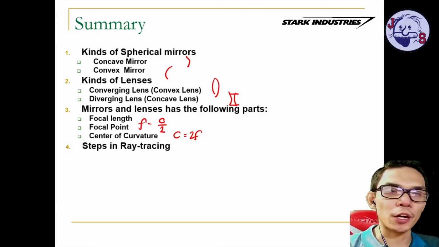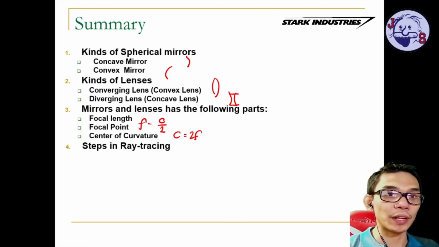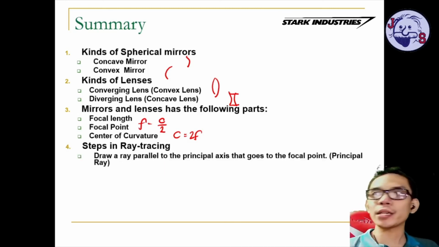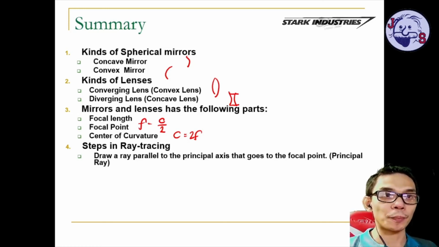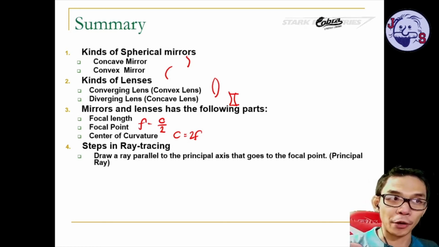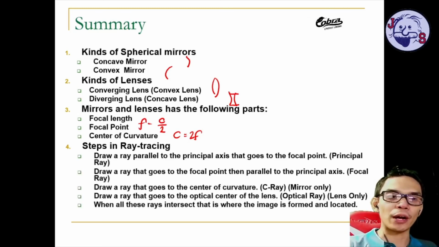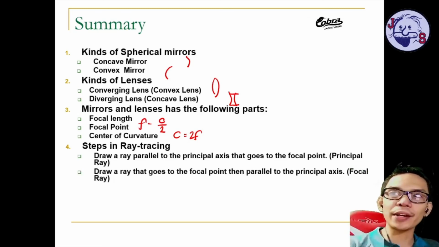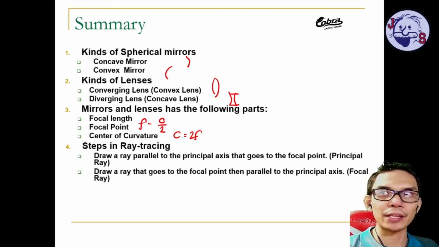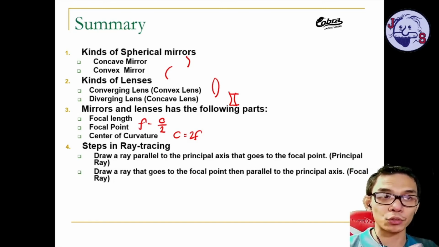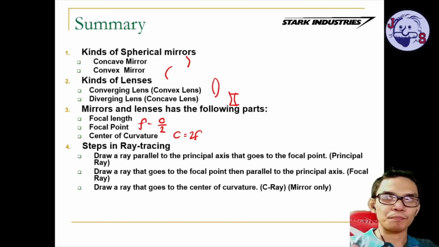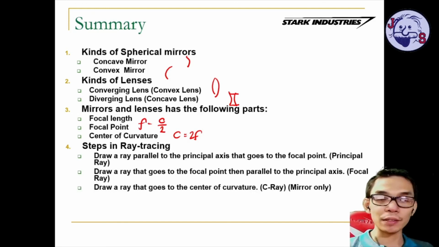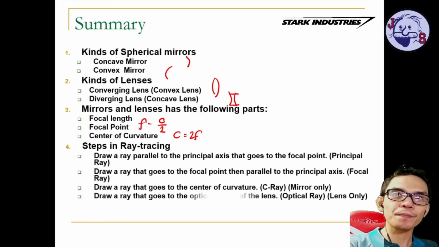There are steps in doing a ray diagram. The first one is the principal ray: draw a ray parallel to the principal axis down to the focal point. Then followed by the focal ray, which is the ray that goes to the focal point parallel to the principal axis. For mirrors only, we have the C ray, which is optional and goes to the center of curvature.